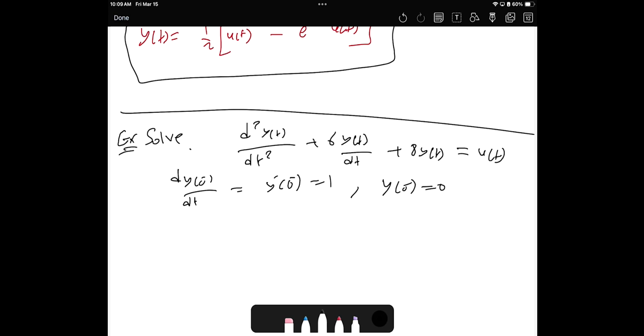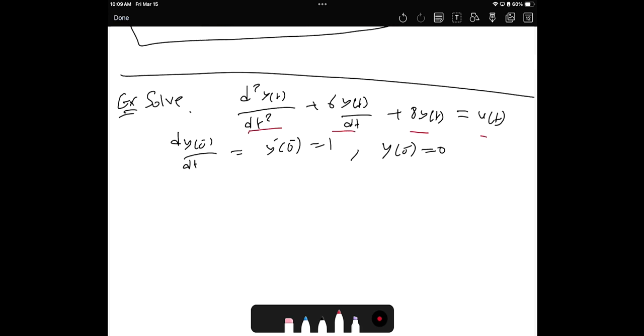Now let's do the Laplace transform, first term, then second, third, fourth. So let's do the first one. The second derivative Laplace transformation is s squared y of s minus s y of 0 negative minus y bar of 0 negative.